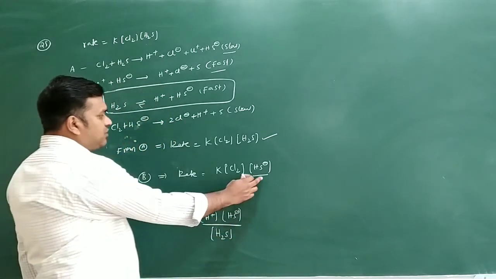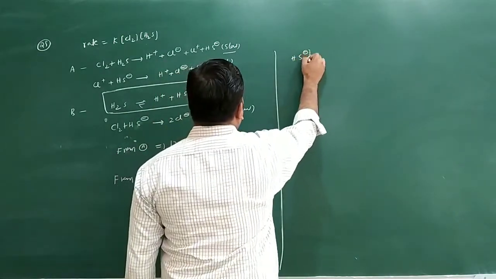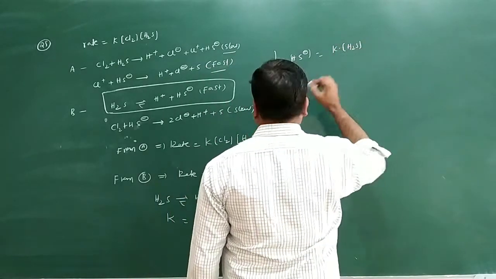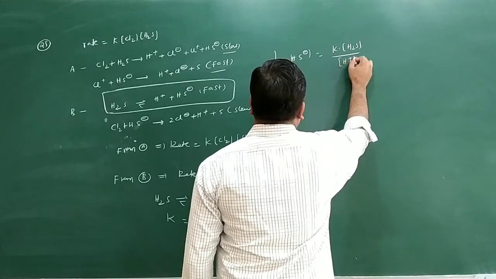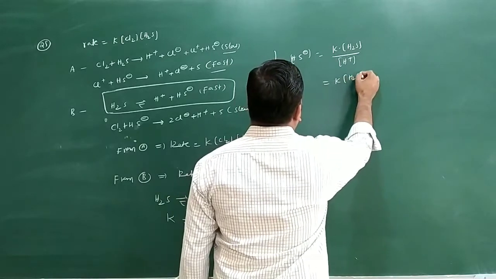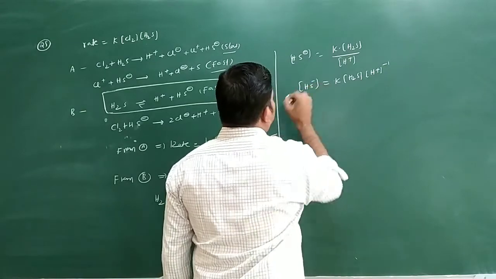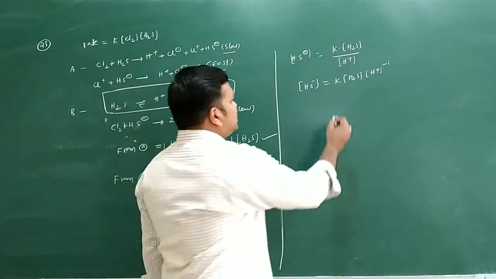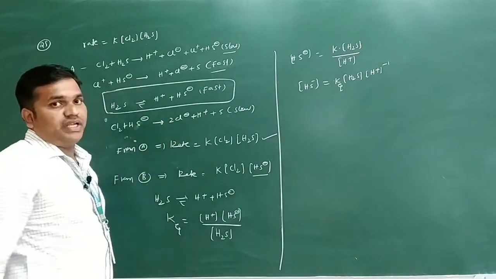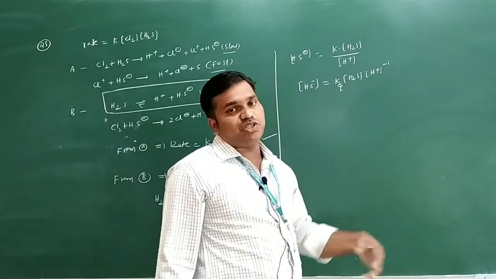What is required for us is HS-. So concentration of HS- is equal to K into concentration of H2S by concentration of H+, which is K into concentration of H2S into concentration of H+ whole power minus 1. You can write this as K equilibrium, from the first step of the reaction. Now we got HS- is equal to K equilibrium into H2S into H+ whole power minus 1.